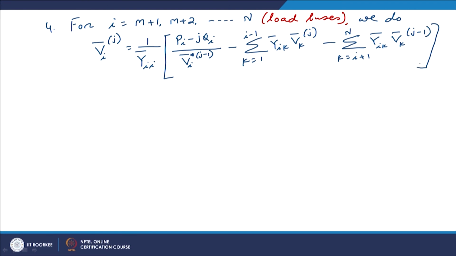So, for the load buses there is nothing to do, it is the same standard expression we have used earlier, because there is no issue of reactive power generation or absorption to be considered.